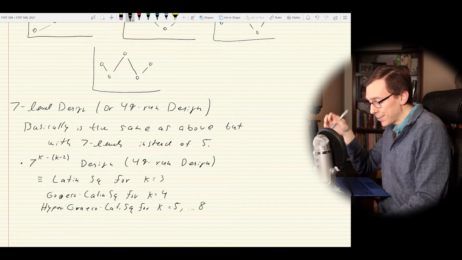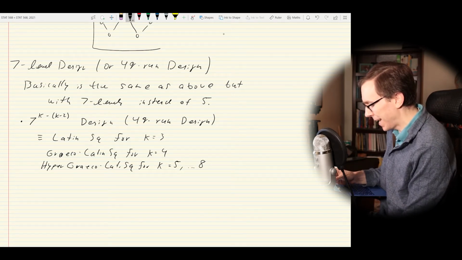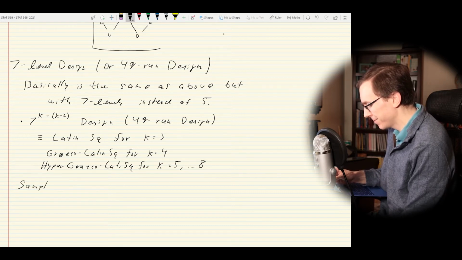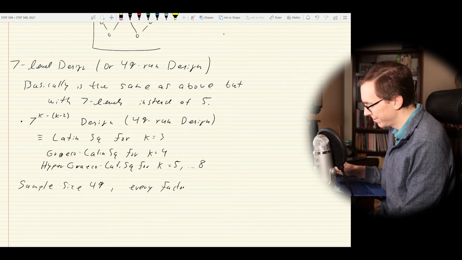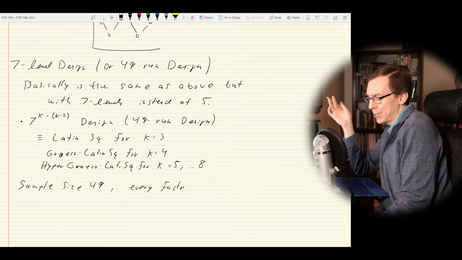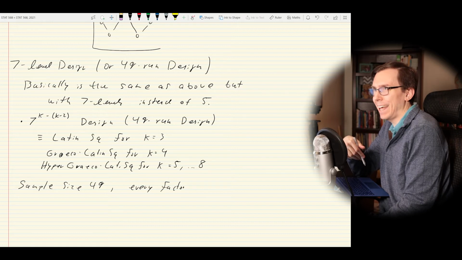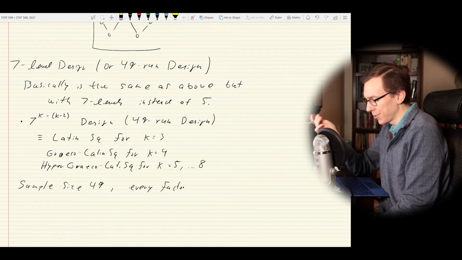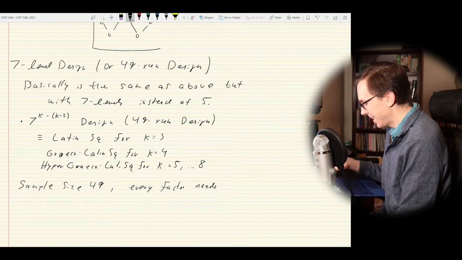So why is it 8? Well, let's just count it all out. The sample size is 49. Every factor we would include, in the sense of a Greco-Latin square, or every main and orthogonal component of the interaction effect, needs how many degrees of freedom?